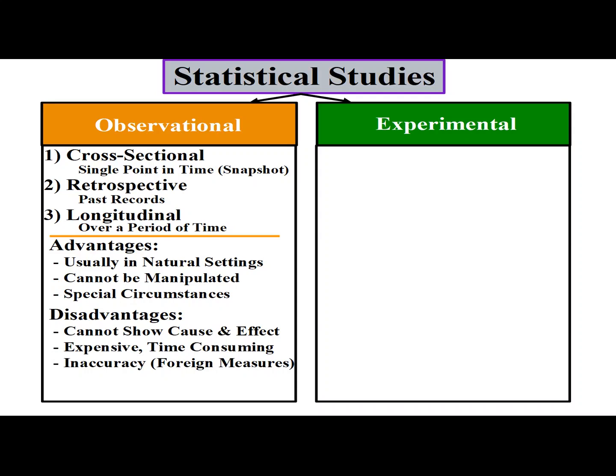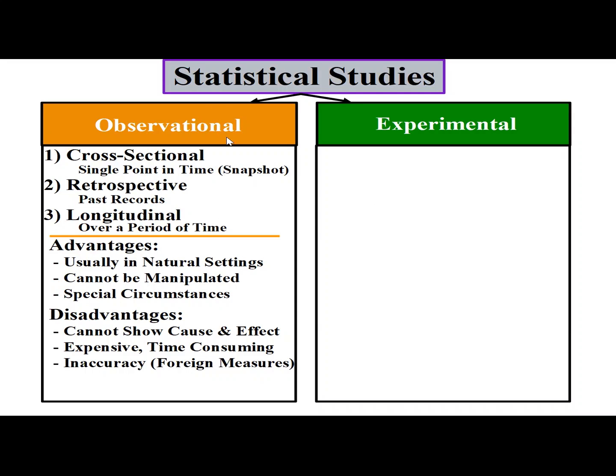So if I was to ask you to do a retrospective observational study, think about that one. Retrospective, what does that mean? You have to go to some past records, right? Which means you have to depend on someone else's data in order for you to do that observational study, okay? So those are the disadvantages.